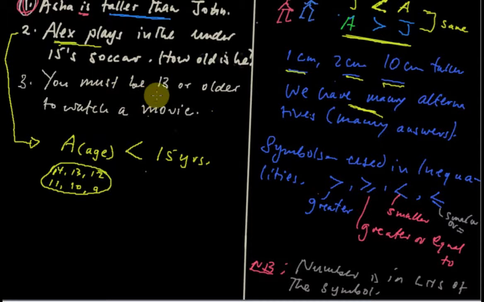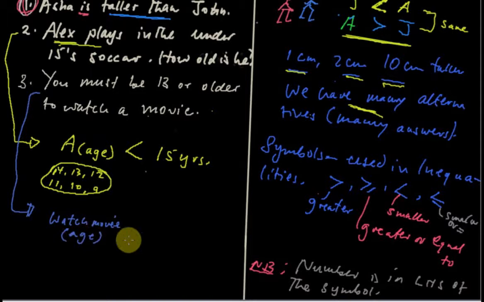Okay, you must be 13 or older to watch a movie. So how old are you? We cannot tell exactly how old you are, but you must be 13 or older. So if you want to watch a movie, we talk about age.